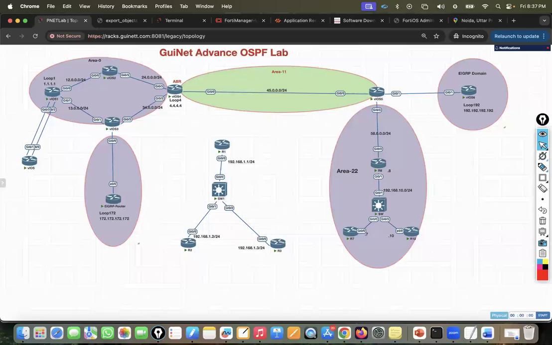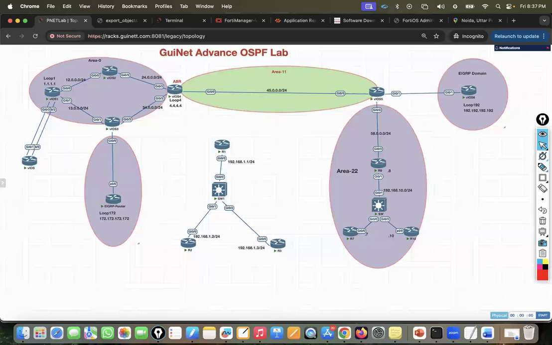If I compare OSPF with RIP, RIP is a distance vector protocol and does not support more than 16 hops. Maximum 15 hops is allowed, and 16 hops is unreachable. But in OSPF there is no such hop restriction. It uses cost as the metric, whereas in RIP the metric is hop count. OSPF convergence is fast, RIP was slow.